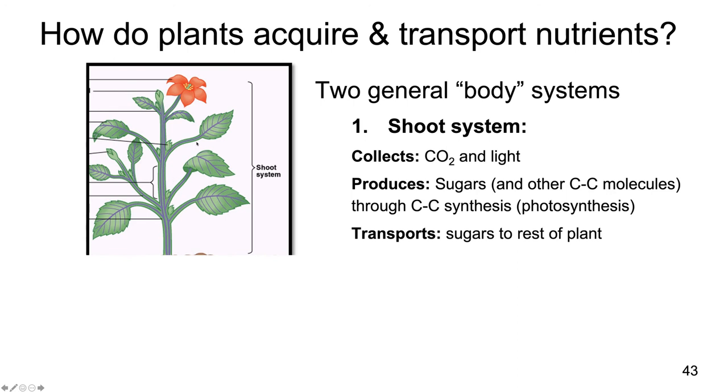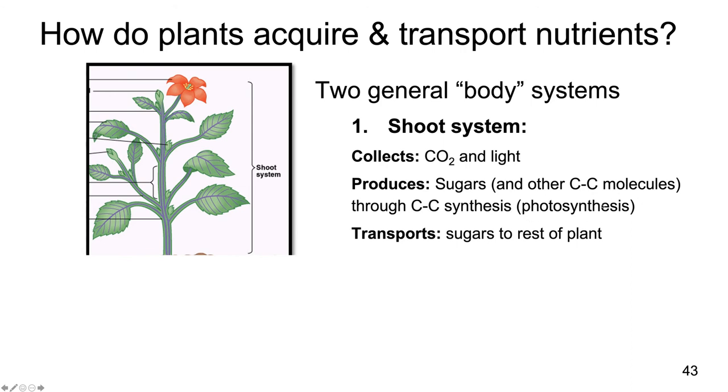The main job of that above ground shoot system is to collect CO2 and light, so that the shoot system can produce sugars and other important carbon-based biological molecules through the synthesis of carbon-to-carbon bonding.